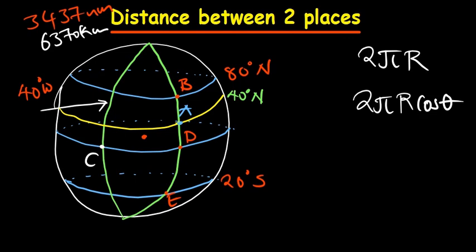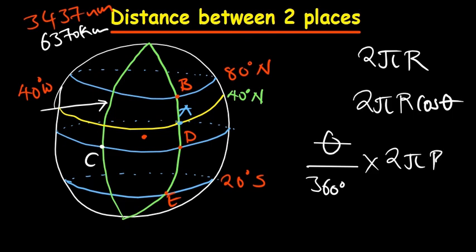Okay, so how do we find the distance? The distance is going to be given as theta over 360 degrees multiplied by 2 pi r if it's for a great circle, or if it is along the longitude. For example, if you look at this longitude here, points B, A, D, when determining the distance between any of them, we're supposed to use a big R there.